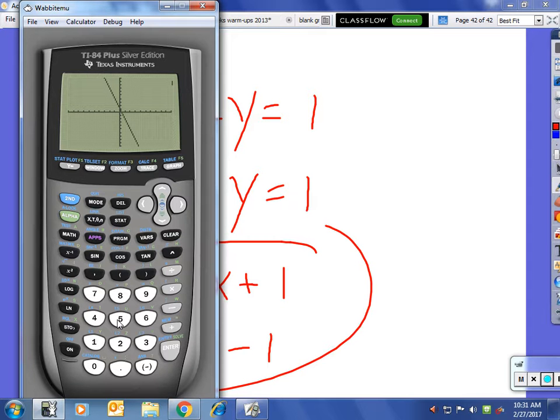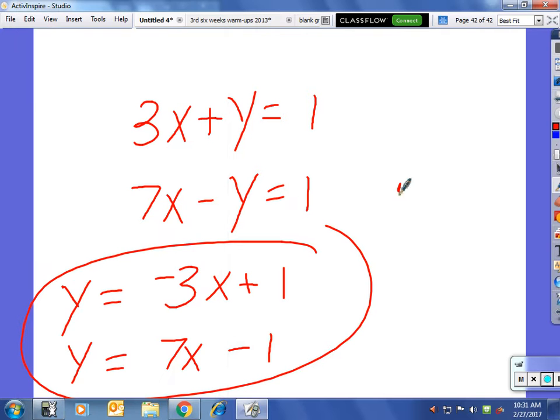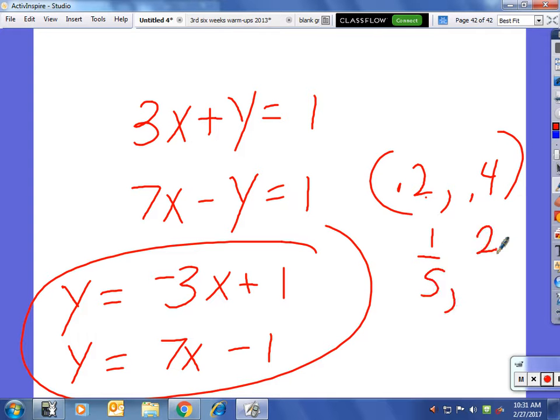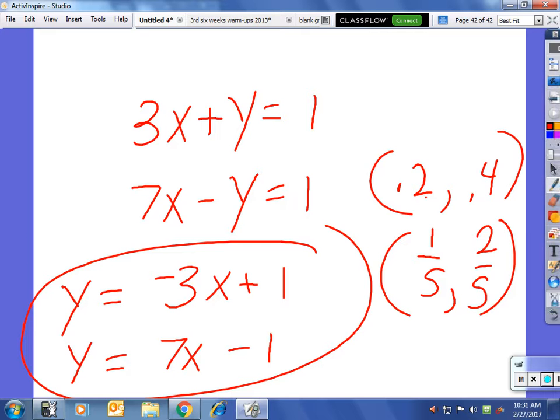This is why calculator is easier to me on ones like this, because look what the answers were. 0.2 and 0.4. It's not going to be that fun to work with decimals. What's another way they might have that written? Fractions. It would be 2/10, which is a fifth, and 4/10, which is 2/5. All right.